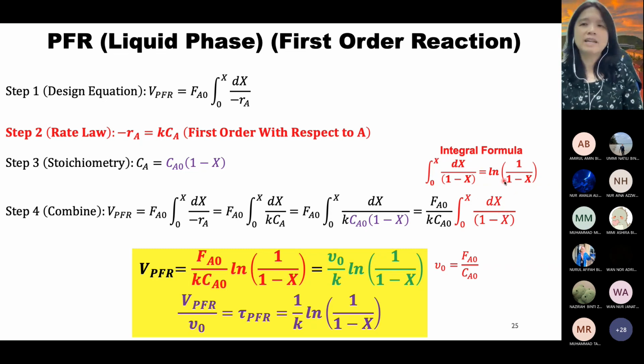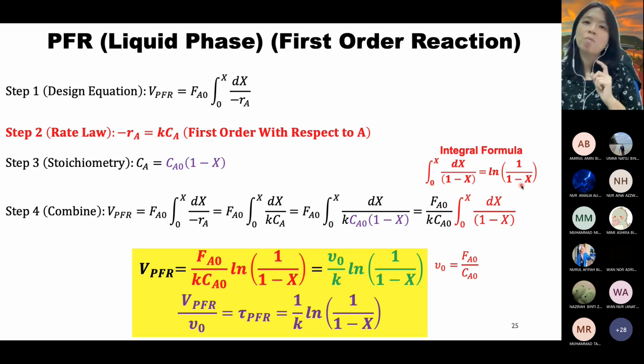Dia adalah sama dengan ln in bracket 1 per 1 minus X. So maknanya kamu just anggap untuk persamaan pengamiran ni, dia punya penyelesaian telah diberikan. The solution is equal to ln 1 per 1 minus X.